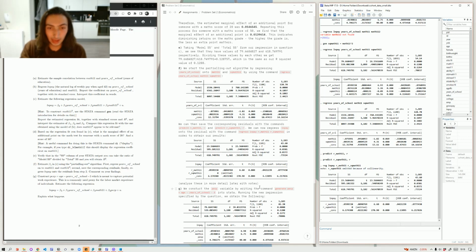Essentially, r square math 11 was omitted because it is directly a function of the square of math 11, which is fair, because it's literally just the square value of that. That kind of thing gets omitted automatically in Stata, so you could comment on that.